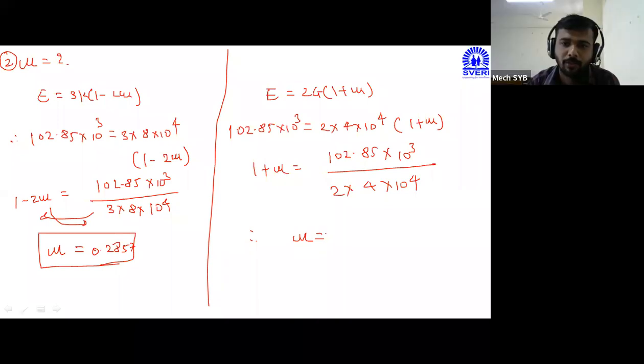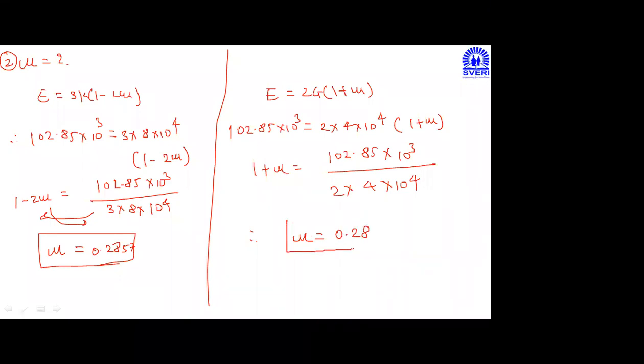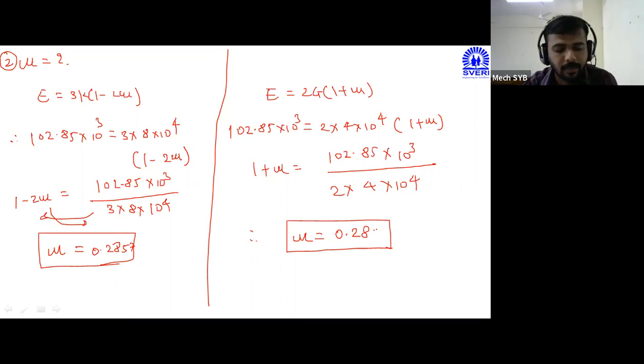How much? 0.2857. 0.28 I will write only. If you compare the mu value from both the calculations, it will be same. So there is no need to make this calculation two times in the examination. Single time it is accepted. Just for your verification and just for the comparison whether answers are same or different, that's why we have made it.